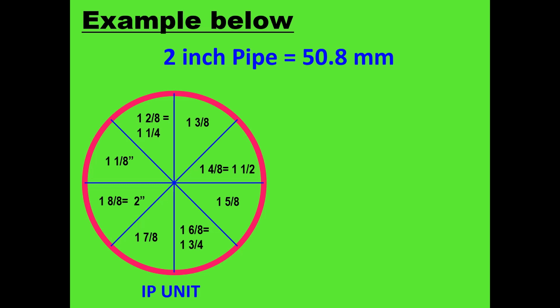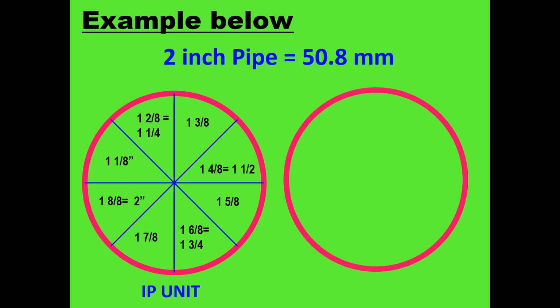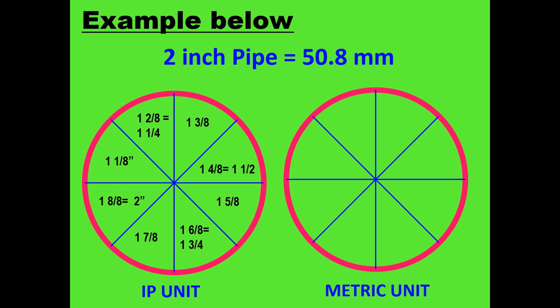With the same steps, I am going to show here a 50 mm pipe in metric units. Again, divide this circle into 8 sections: 2, 4, 6, and 8. The first section starts from 25.4 mm plus 3.2 mm, which equals 28.6 mm, because we already know the 25 mm pipe size.